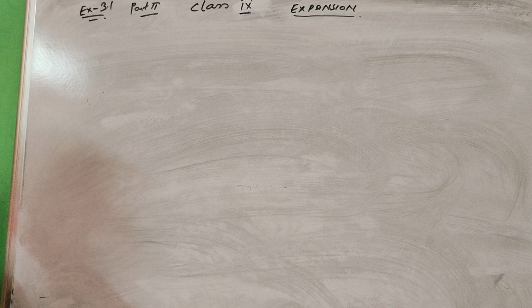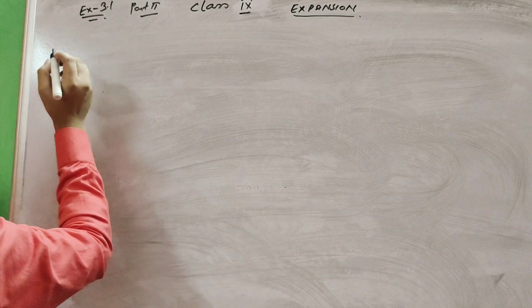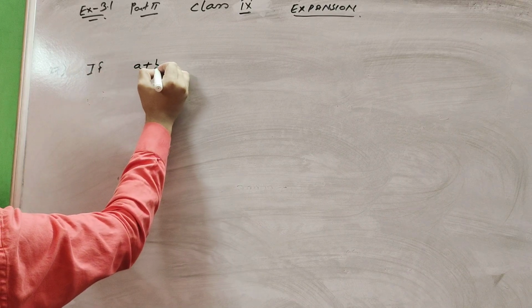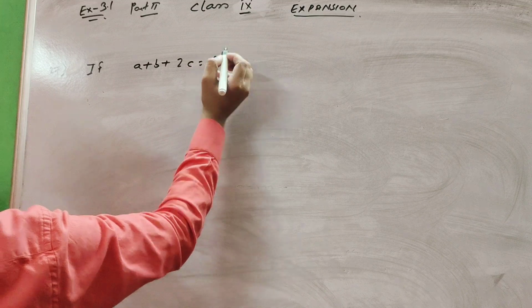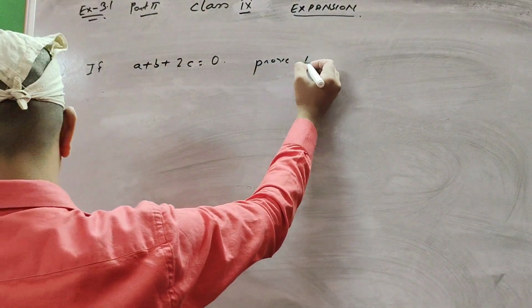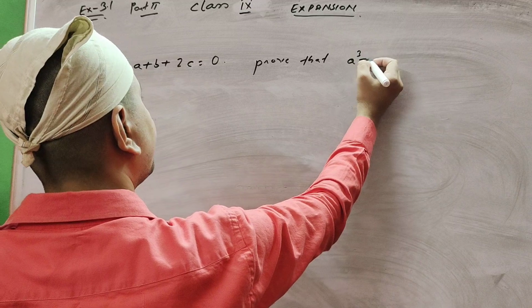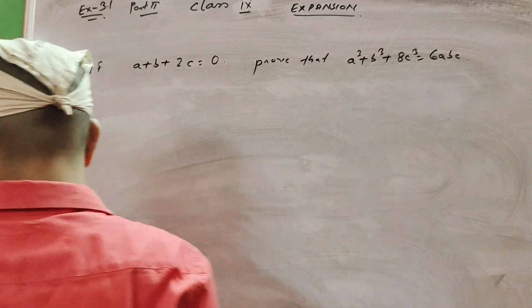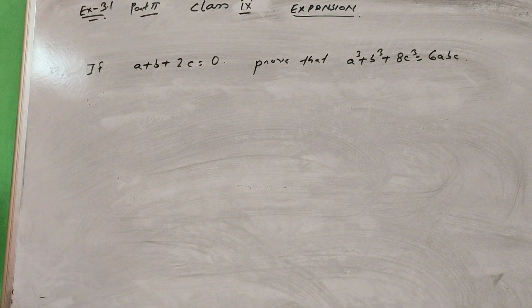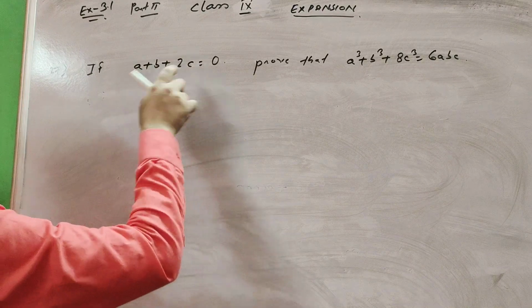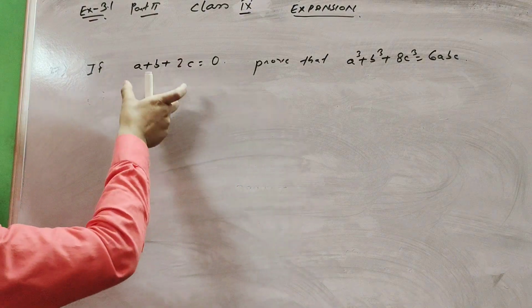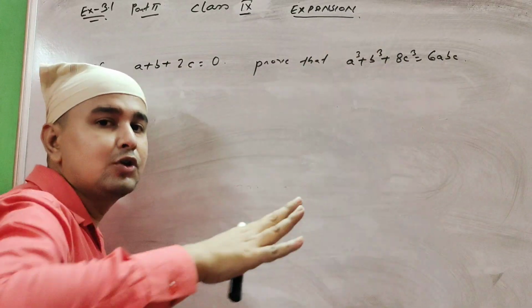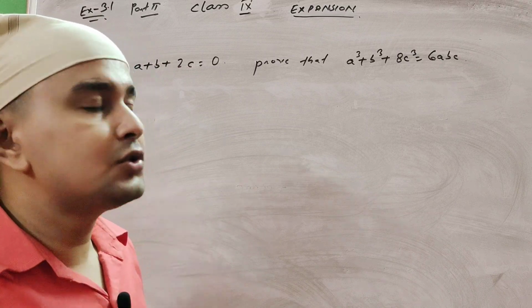Okay, question number 27, part 1. In question number 27, only question number 27: if the value of a plus b plus 2c equals 0, then prove that a cube plus b cube plus 8c cube equals 6abc.